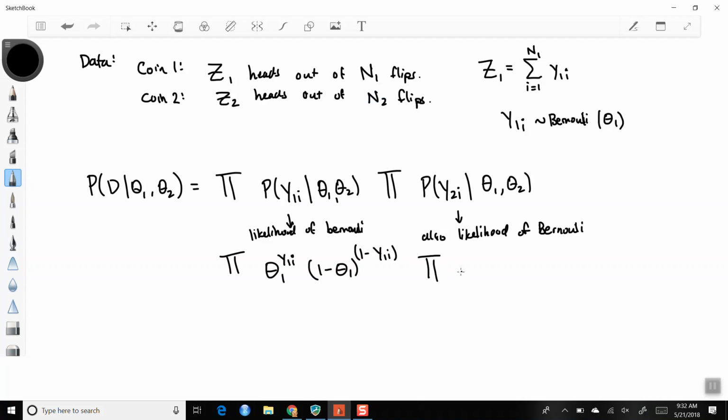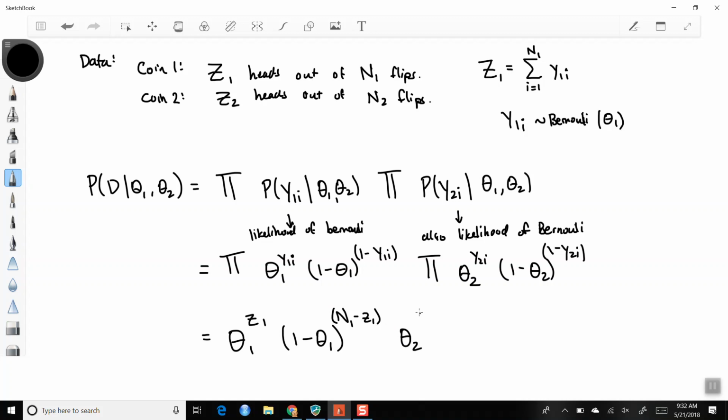And over here we have the product of theta 2 to the y2i times 1 minus theta 2 to the 1 minus y2i. Then with the product, this becomes theta 1 raised to the z1 times 1 minus theta 1 raised to the n1 minus z1.